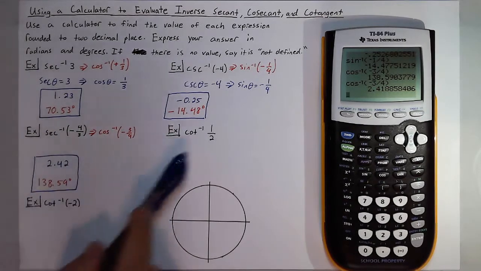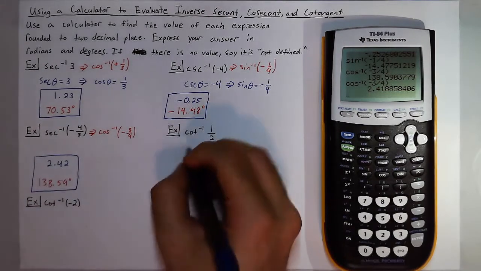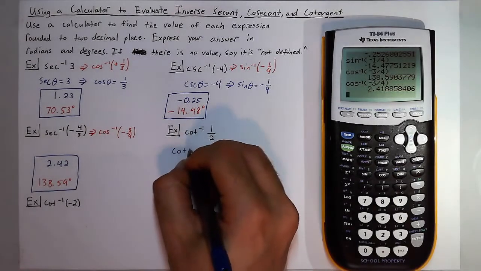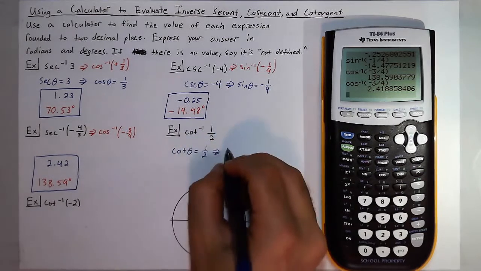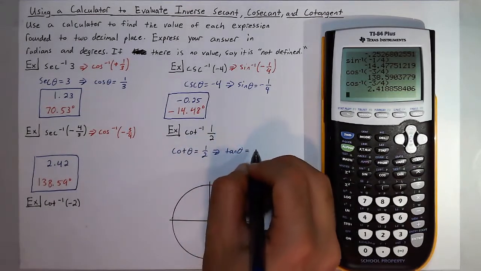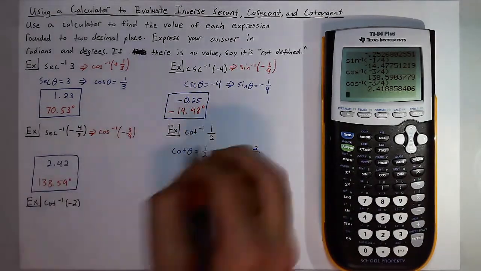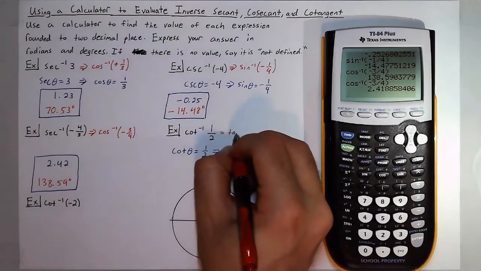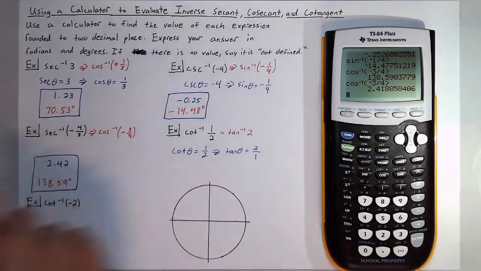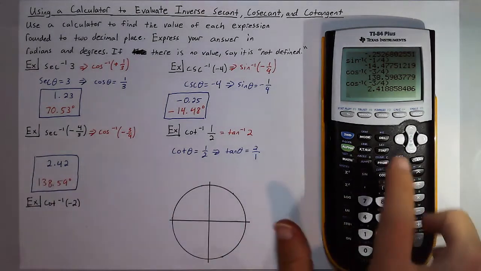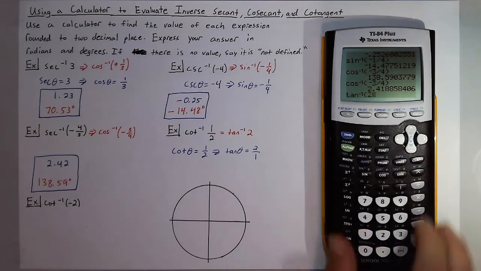Next up, we have cotangent inverse of 1/2. So this can also be thought of as cotangent of theta is equal to 1/2, or its reciprocal function tangent of theta is equal to 2/1, which is 2. And that means I could rewrite this statement here as tangent inverse of 2. So second tangent, 2.